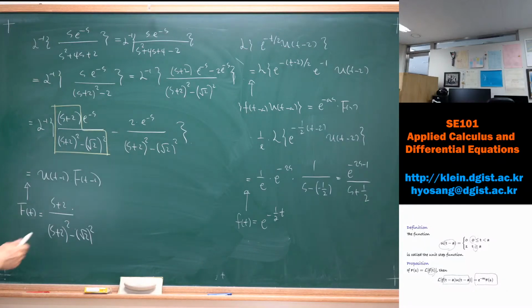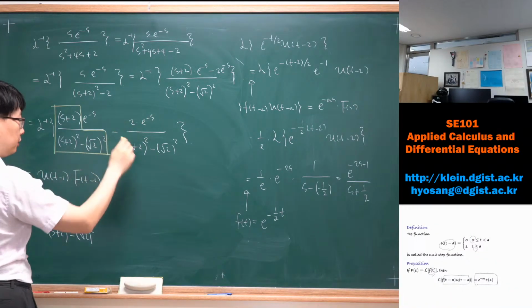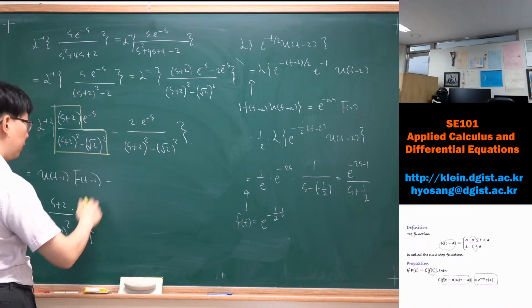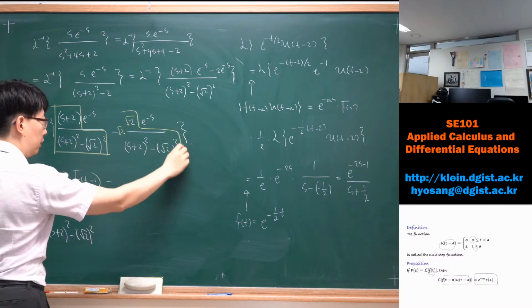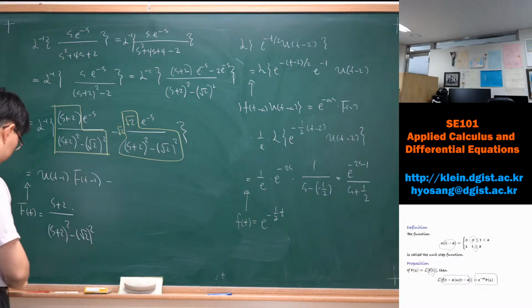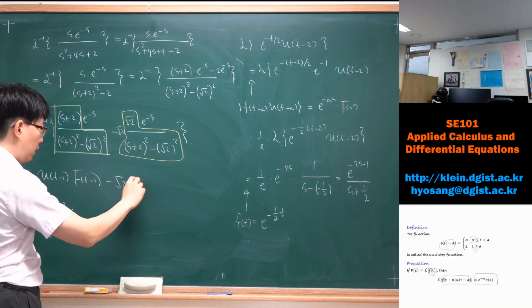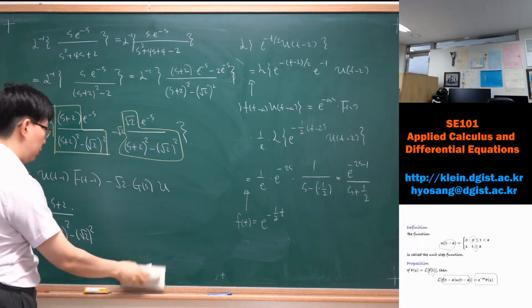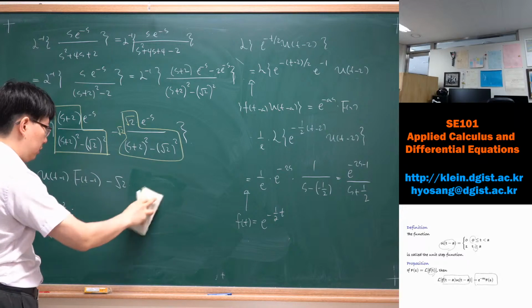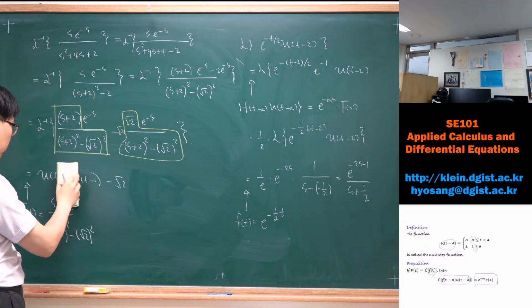How about here? We also have e to the negative s multiplied by, in this case, let's take out this square root of 2. So this is negative 2 times g of s. It's just small f.